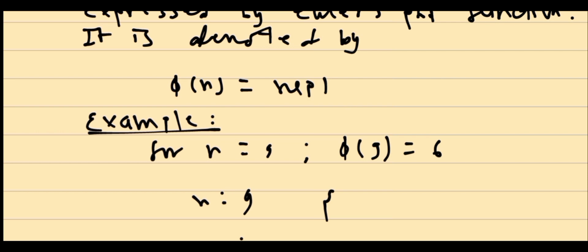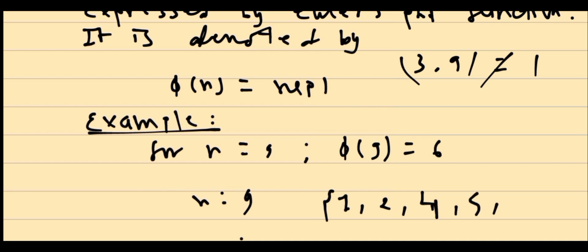Which are the relatively prime to 9? One is relatively prime, and 2 is also prime, and 3 is not, because GCD of 3 and 9 is not equal to 1. So 3 is not relatively prime to 9, but 4 is relatively prime to 9, and also 5 is relatively prime, and 6 is also not relatively prime, because GCD of 6 and 9 is not equal to 1.